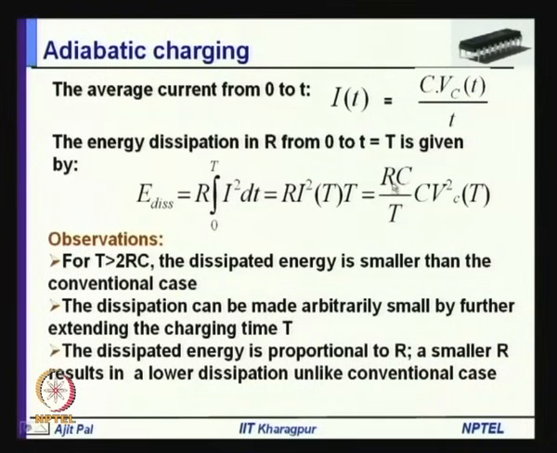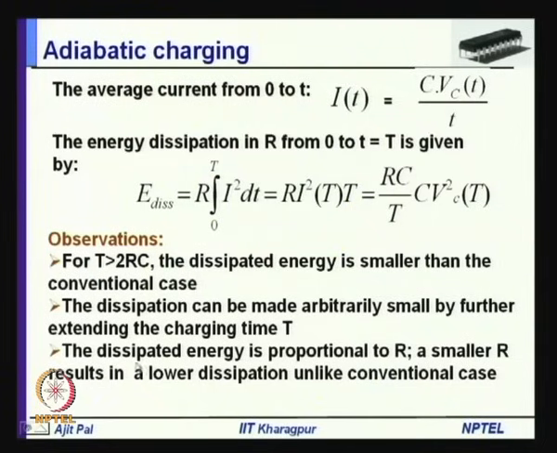So, by making t larger than 2 R C, that is one possibility of making it smaller than half C V D D square. Another alternative is to reduce the value of R to make it smaller than half C V D D square.